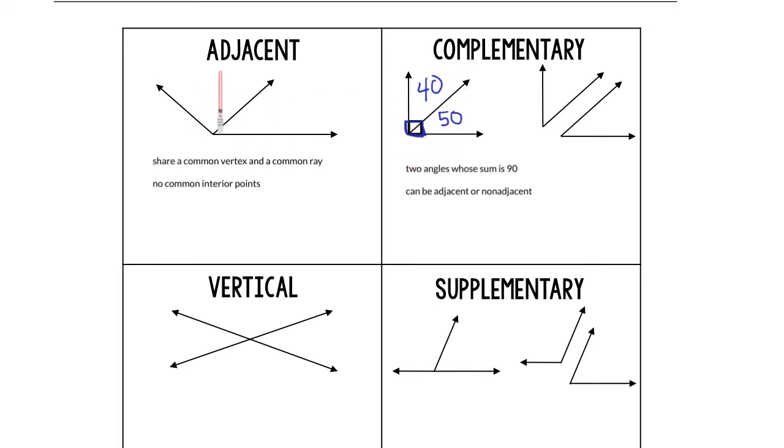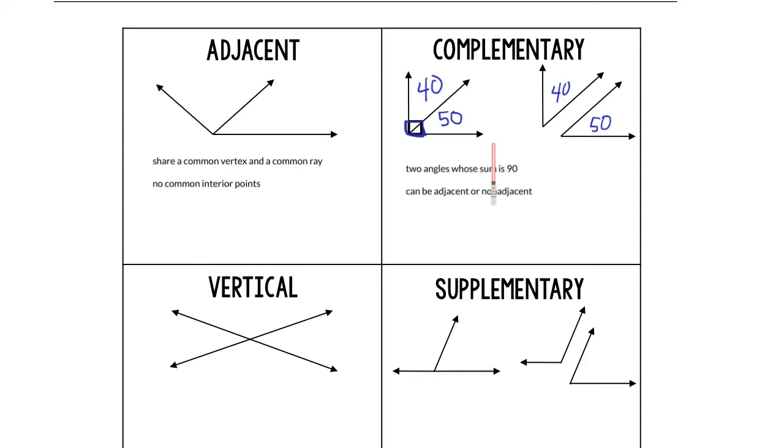These are adjacent angles. These angles are non-adjacent, but when we add these up, and they are also 40 and 50 degree angles, these are also complementary. Okay, so they can be adjacent or non-adjacent. All they have to do is add up to 90 degrees to be complementary.